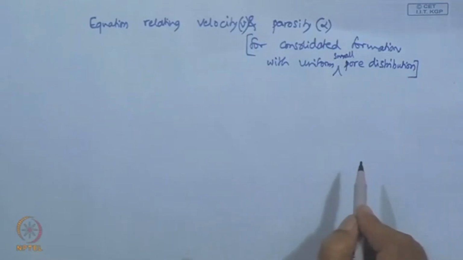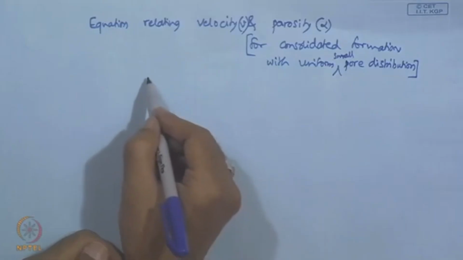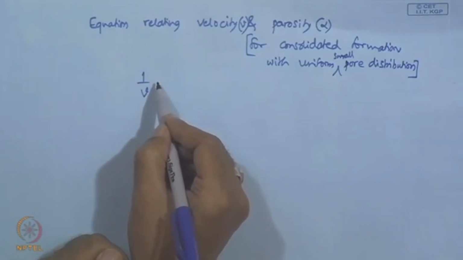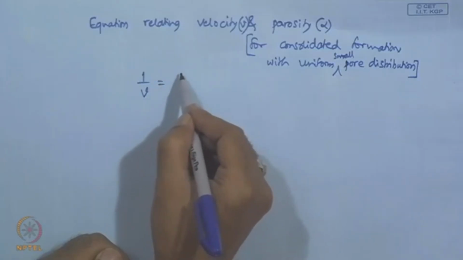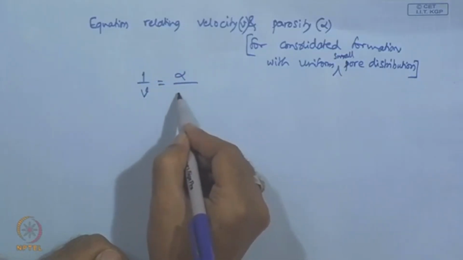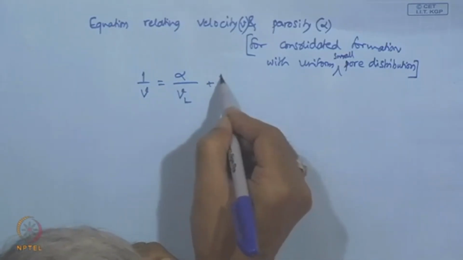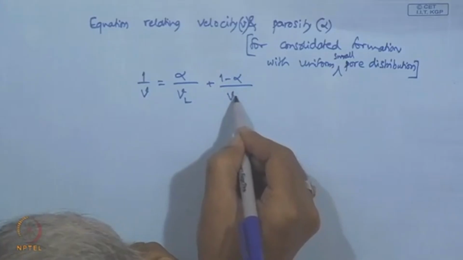In this case, the equation which relates the velocity with porosity is 1 by V equals alpha divided by VL plus 1 minus alpha divided by Vs.